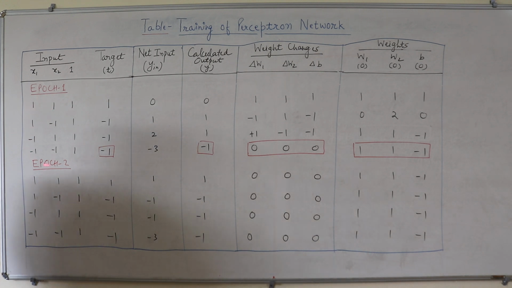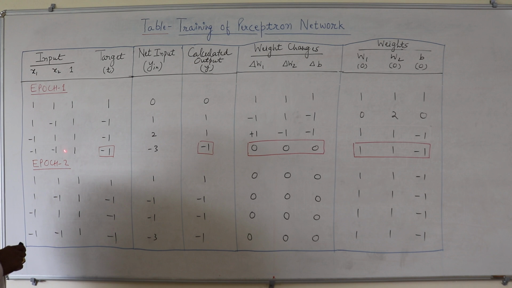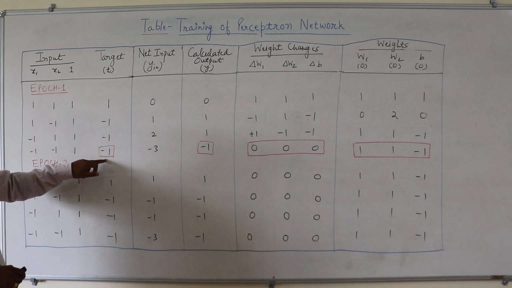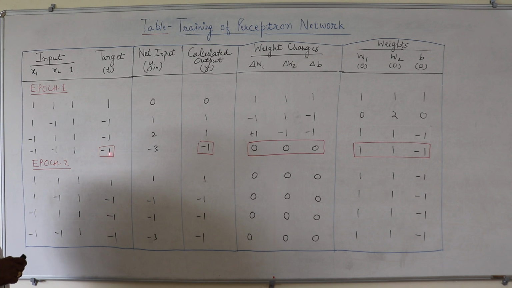Now we have submitted these 4 inputs, and we have seen that in the 4th input of epoch 1, this is epoch 1, this is epoch 2, when we submitted this pattern, x1, x2, 1, the target is -1 and we compare this target with the calculated output.